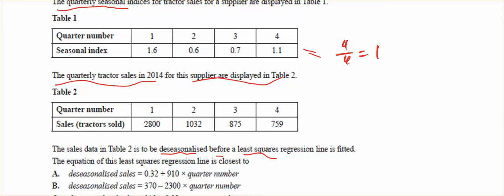Okay, so to get the deseasonalized data, deseasonalized data equals the actual divided by the seasonal index for that quarter.